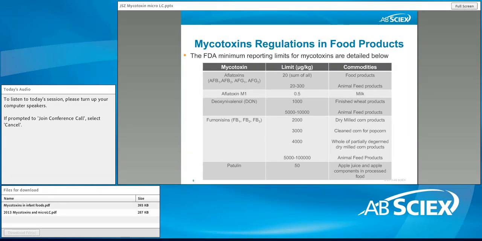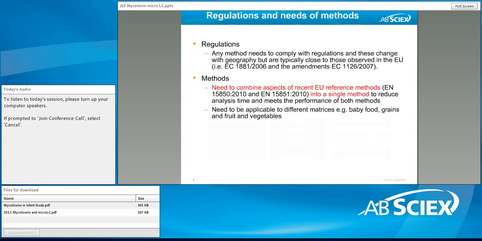The FDA gives us minimum reporting limits for mycotoxins in different kinds of food. For example, you see here for aflatoxin M1, the limit is 0.1 microgram per kilogram in milk, and for patulin, for example, it is 50 microgram per kilogram in apple juice, or all other kinds of processed food which contains apple.